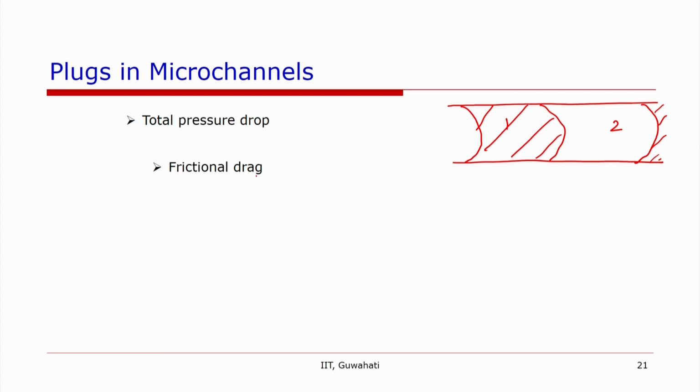So this total pressure drop will be the sum of frictional pressure drop plus the pressure drop caused by the capillary force or the capillary action near the wall or by the contact angle.